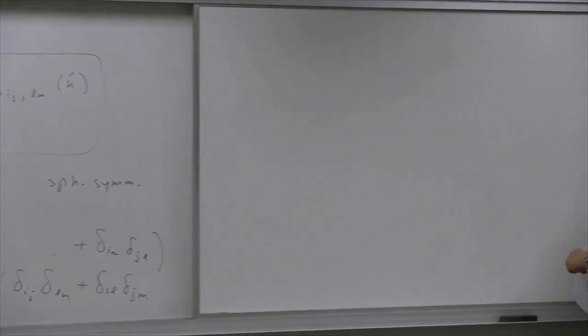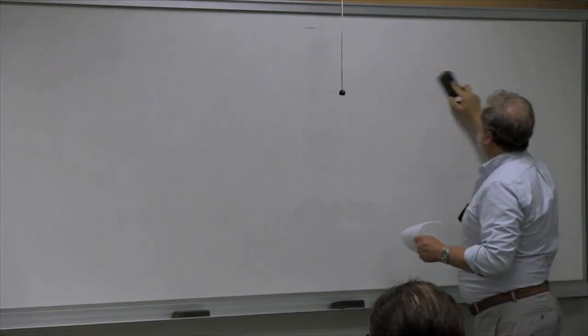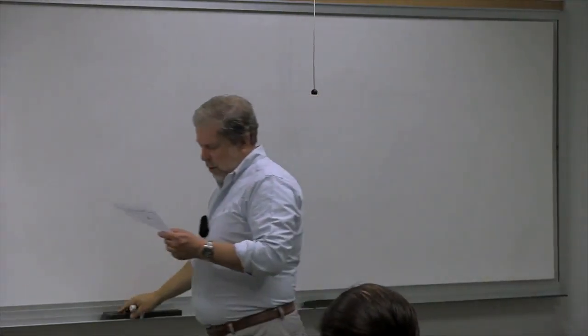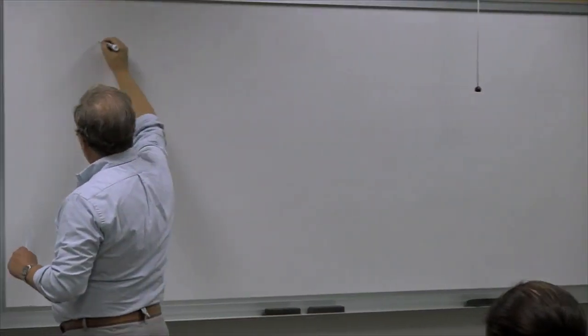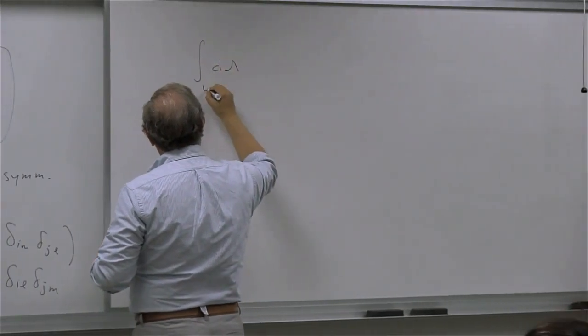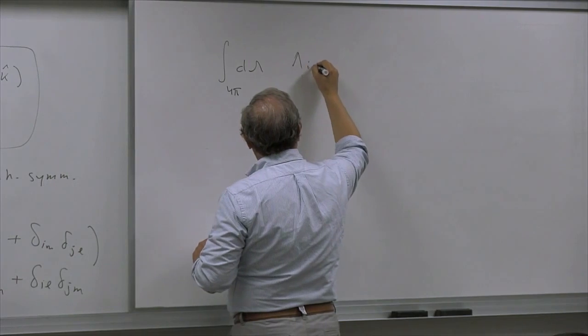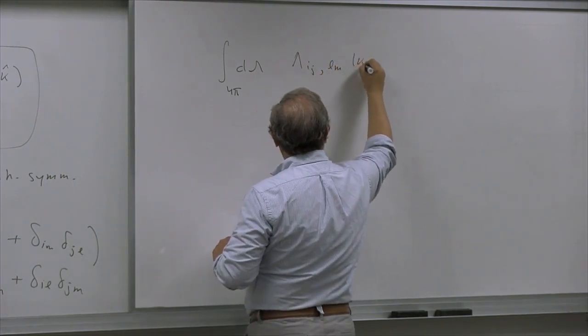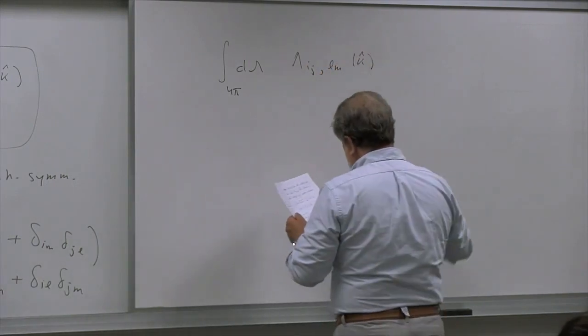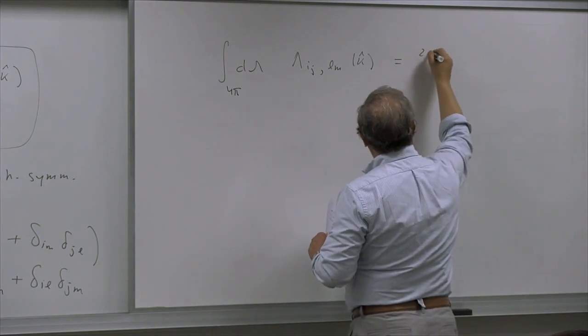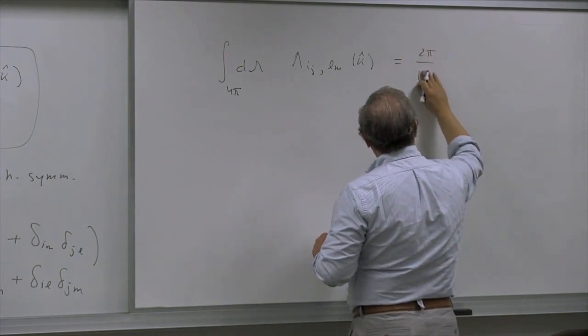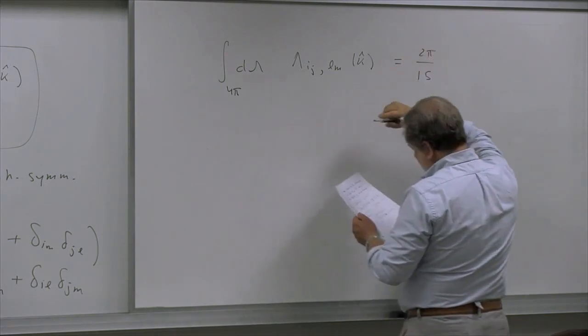So you do that, and you find that the integral in d omega over 4 pi of lambda ij,lm of k hat is equal to 2 pi over 15, which is the factor we have there.